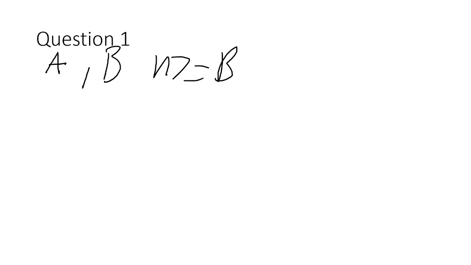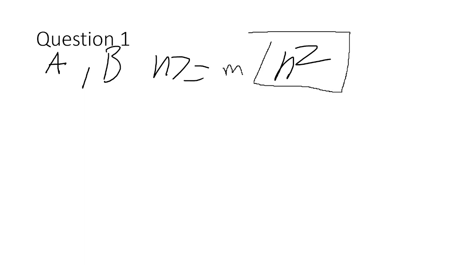We have A and B with their corresponding sizes, where n is always greater than or equal to m. I put that as b, even though it's supposed to be m, but you get the gist. So this algorithm won't be running in log n squared, because that's what it would be using this type of algorithm.